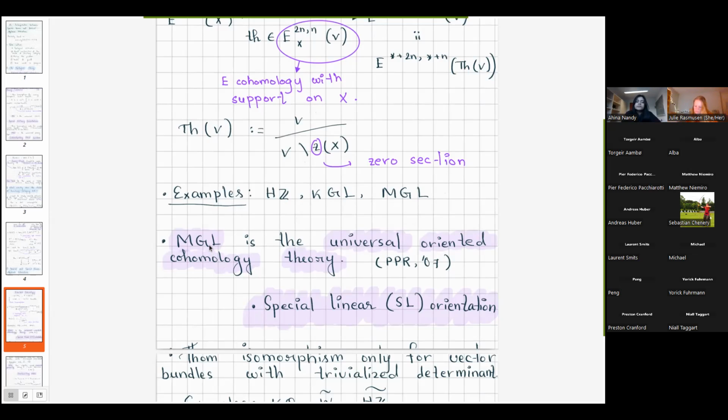Among such theories, we have a universal one, which is algebraic cobordism. Just like MU is universal among the complex-oriented ones, MGL is universal among the oriented cohomology theories. And when I say universal, this is universal among the ones which are representable in the stable A1 homotopy category.